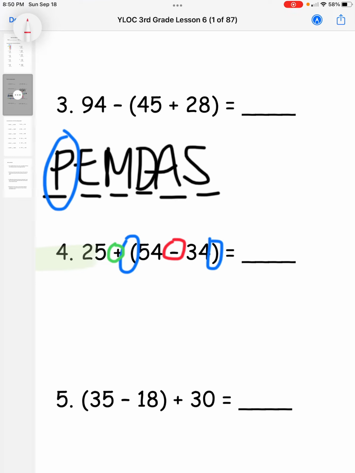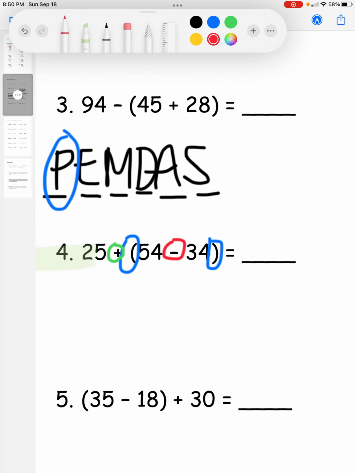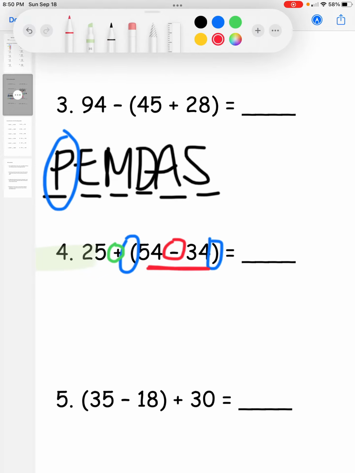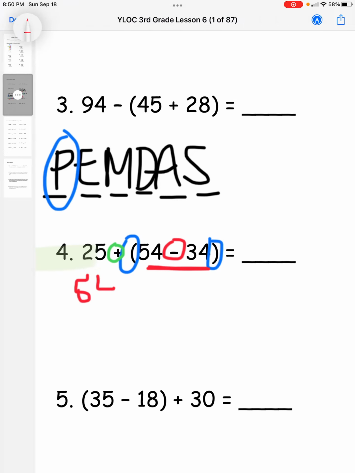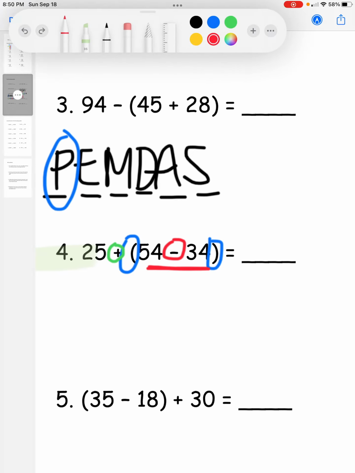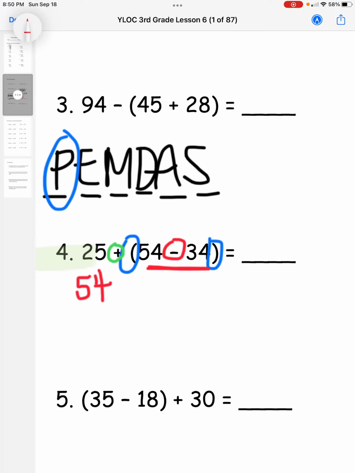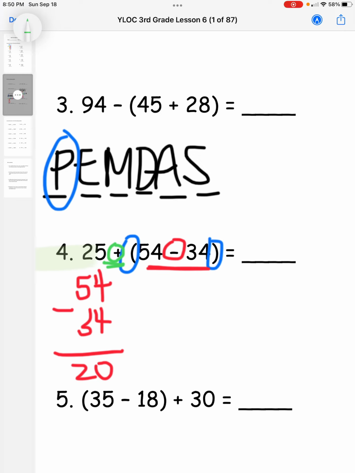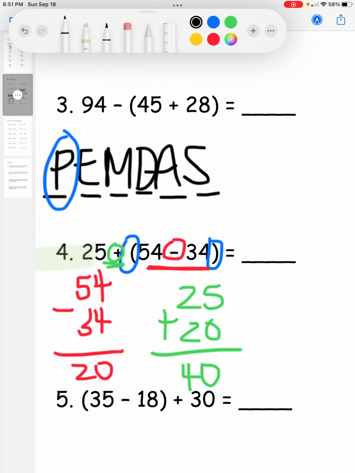And again, there's a symbol inside the parentheses, so the problem wants you to solve this first. 54 minus 34. You get 20. You move on to the second symbol, this addition symbol right here. So 25 plus 20 equals 40. So the answer to this question is 40.